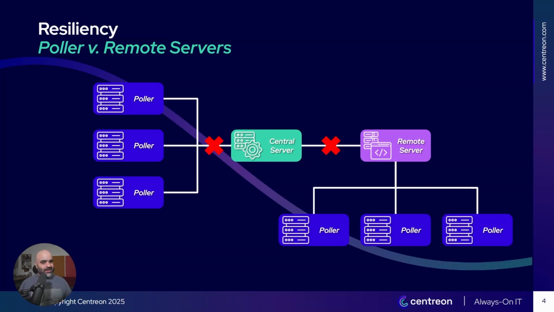Of course, you're going to get the notification that your communication is down, so you get the alert and you probably fix it very fast. Once the connection is reestablished, all the data is going to be back in your central server, so you will have it available for reporting, for information, and more importantly, to track all the SLAs that you may have on the different indicators that you may follow. So that's a very important advantage of using either the pollers or the remote server.